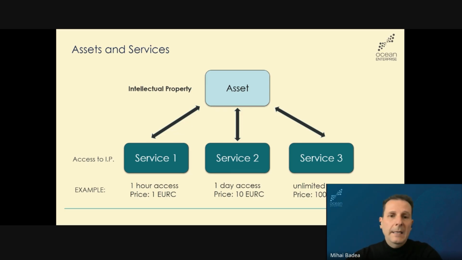Basically, by defining the services and setting the pricing schemes and access controls, you can very easily define the various, let's say, marketing proposals for the assets that you register in Ocean Enterprise.